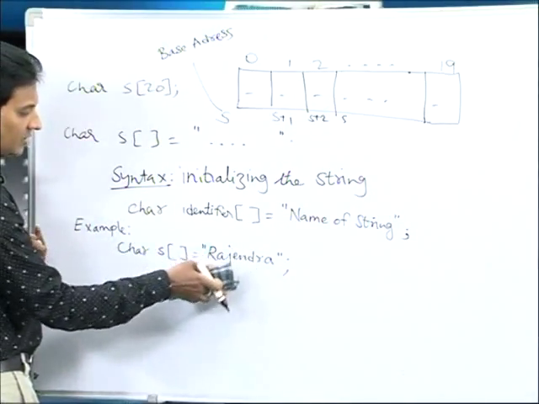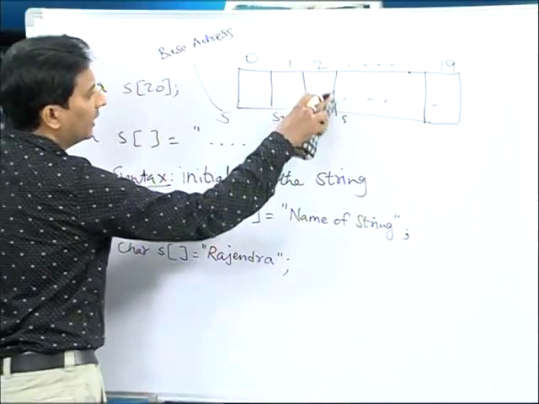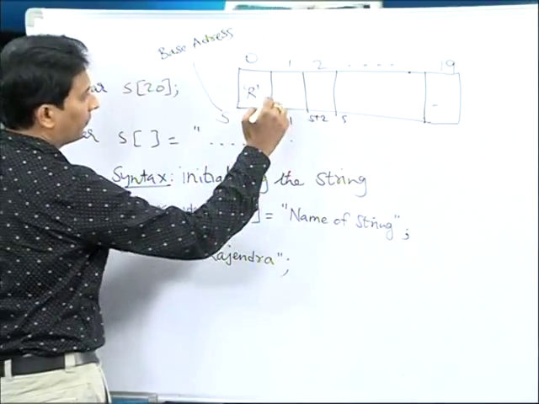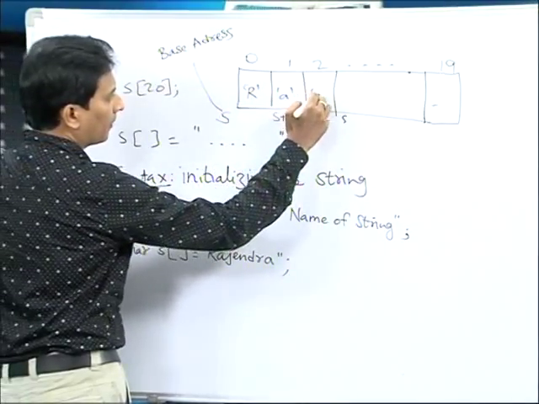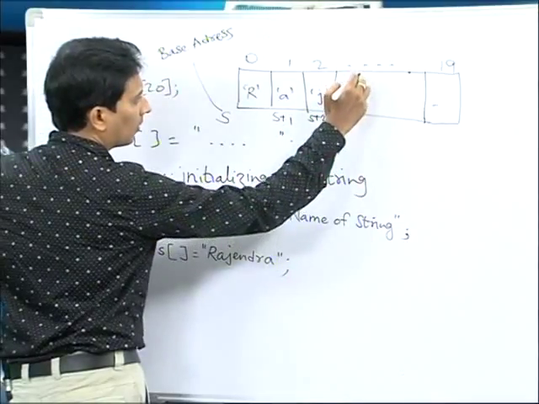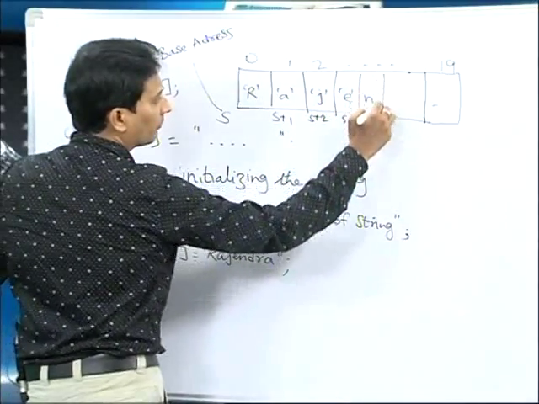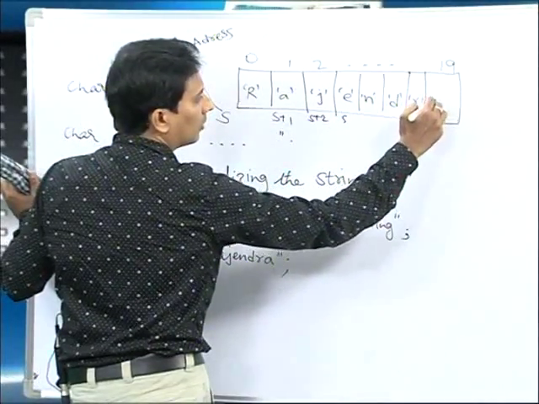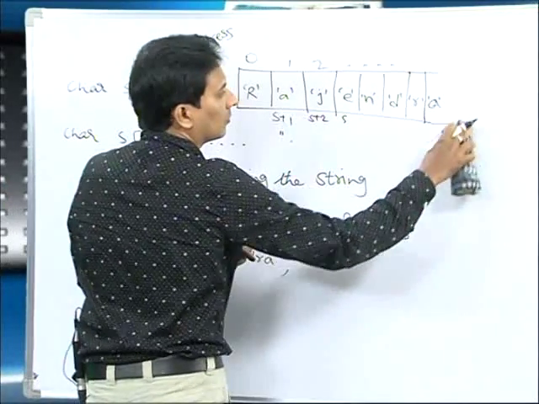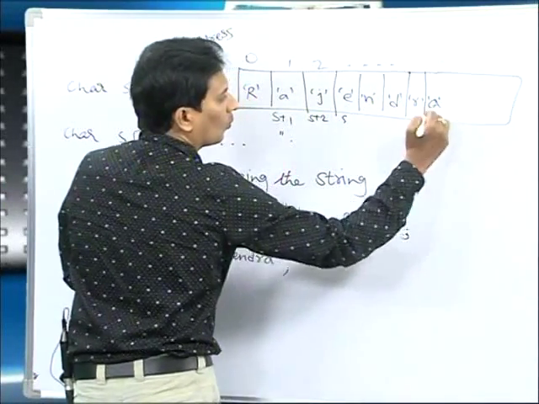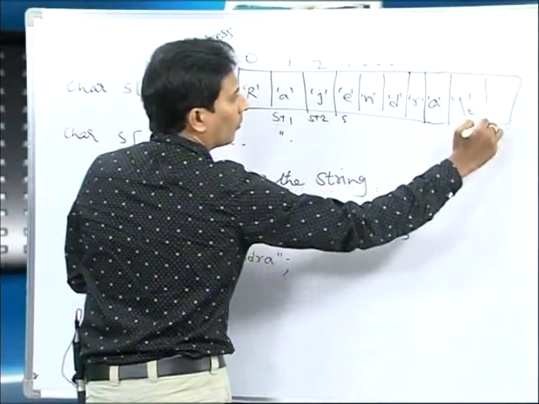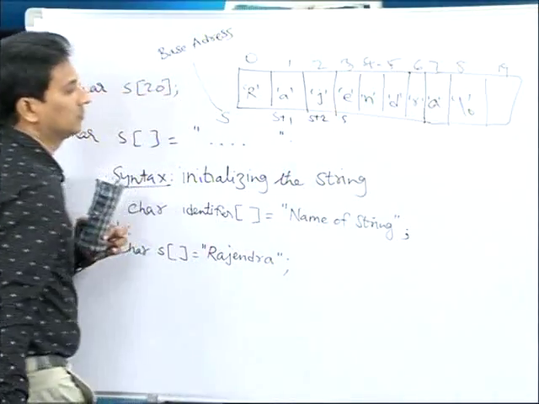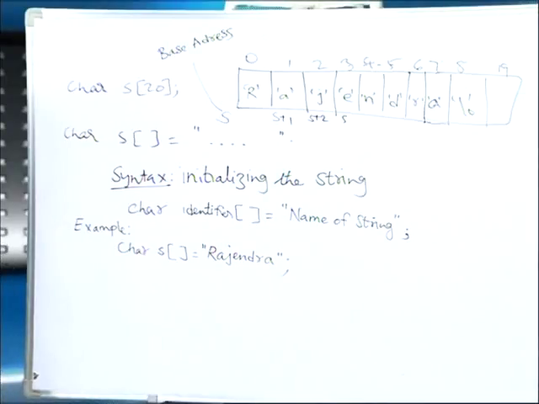The moment this statement is executed, the name is stored into the array automatically. This is the initialization of the string.